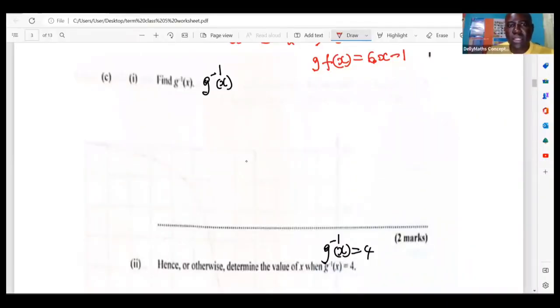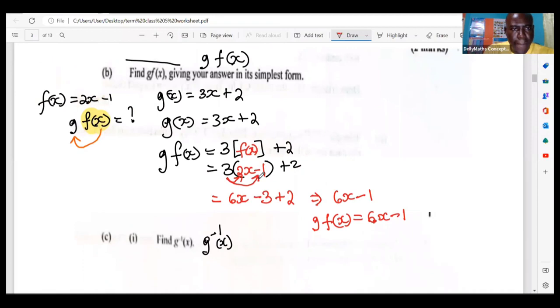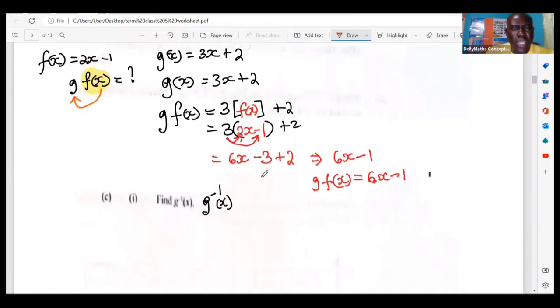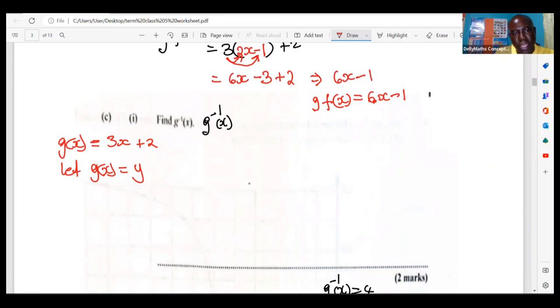Find the inverse of g of x. I want you to do this one. Where's the g function? 3x minus, oh, you guys did it already. 3x plus 2. All right, so in order to do it, we're going to say let g of x equal y.